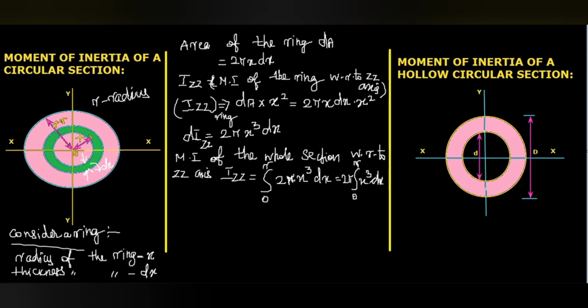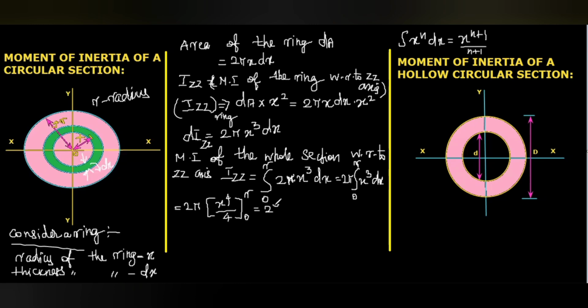We know the formula of the integral. Integral of x power n dx is x power n plus 1 divided by n plus 1. So here n is 3. We will get x power 4 divided by 4. So 2 pi, this one, x power 4 by 4, then limit 0 to r.